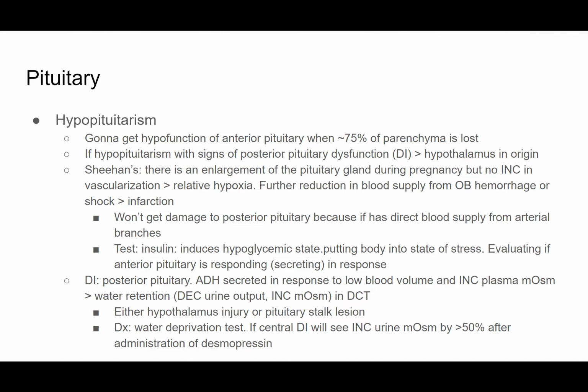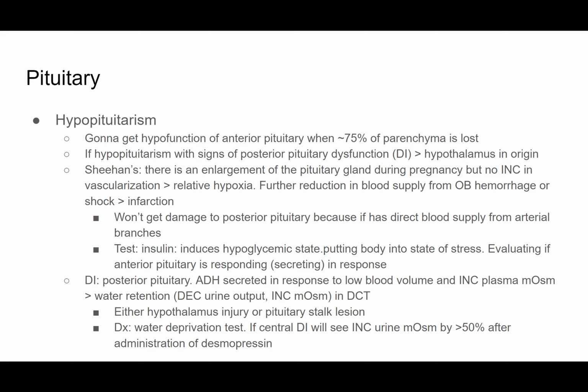So the biggest thing that we talk about all the time is Sheehan syndrome. The reason this happens is that there is essentially an enlargement of almost everything endocrine during pregnancy, but there's no increase in vascularization. So you increase size, but you don't increase blood supply. So you have a relative hypoxia, which is fine, unless after delivery you have a hemorrhage. That increases the lack of blood supply, and then you can get infarction and shock.